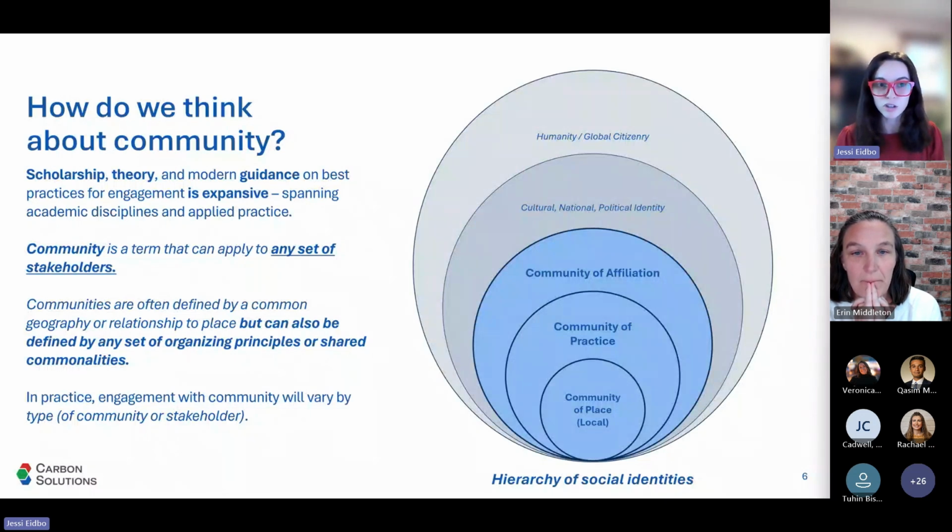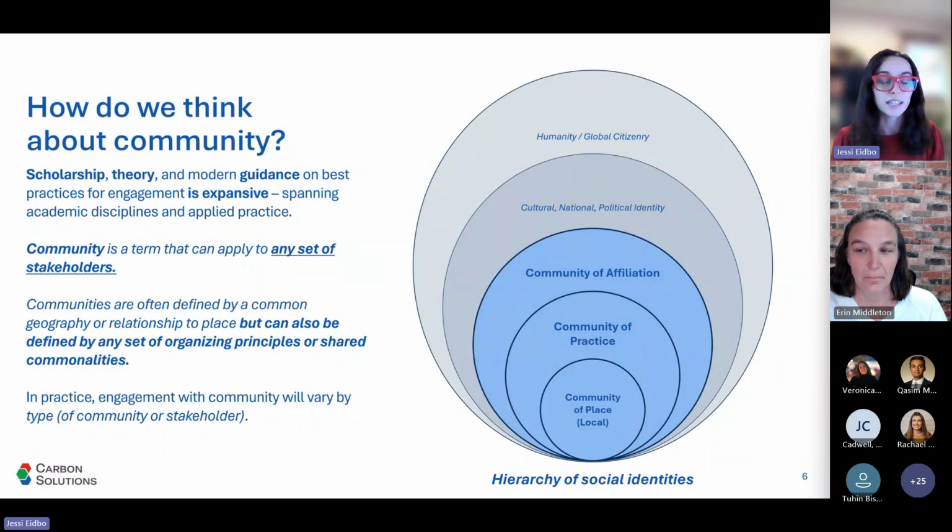There is an enormous body of scholarship and theory, best practices from a lot of different sources that define what engagement is or give guidance on best practices. For the purposes of today's conversation, we're taking the approach that community can apply to any set of stakeholders. It's often defined by common geography or relationship to place, but we want to recognize that it can also be defined by any set of organizing principles or shared commonalities among a group of people.